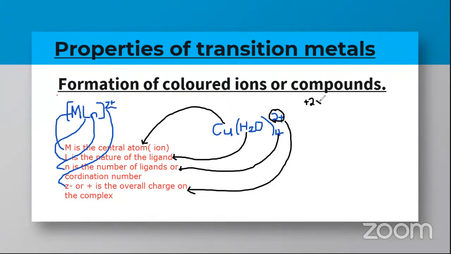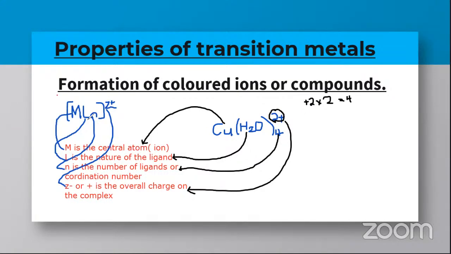Then we multiply by 2, and we get 4. But we shall look at scenarios where an ion can have more than that, where it undergoes octet expansion. We shall look at that. But as of now, I'm just showing you how these ions or metals are colored.